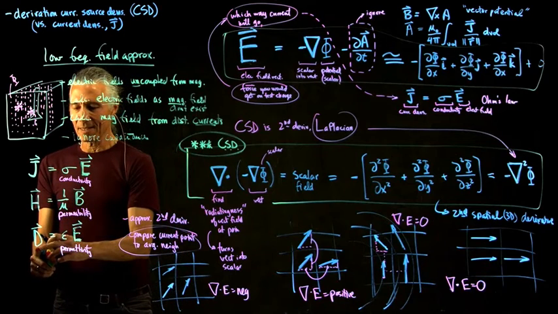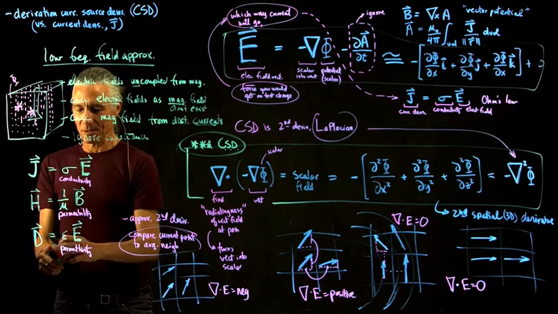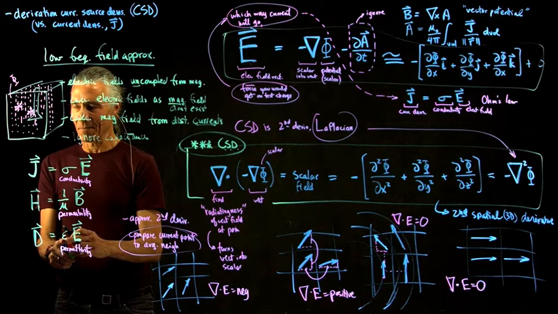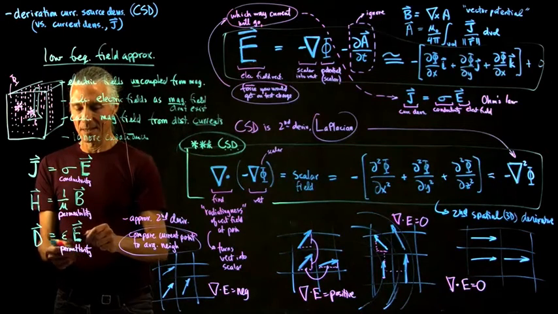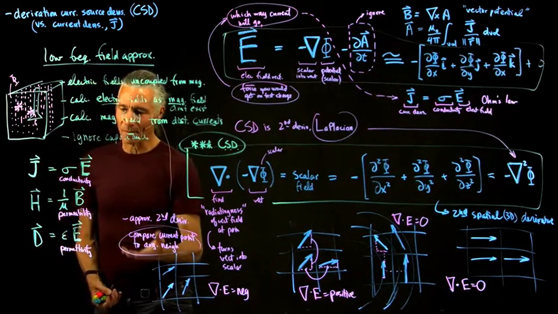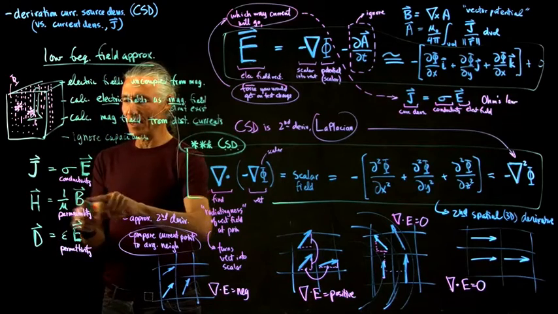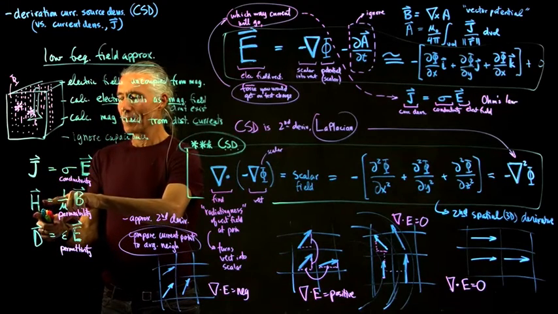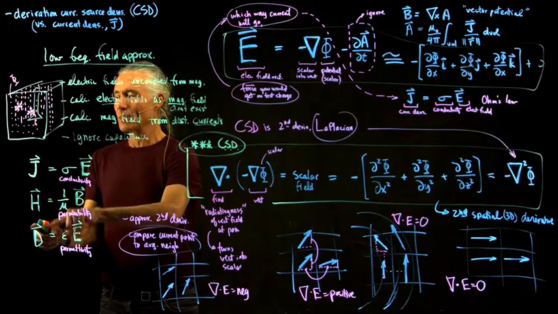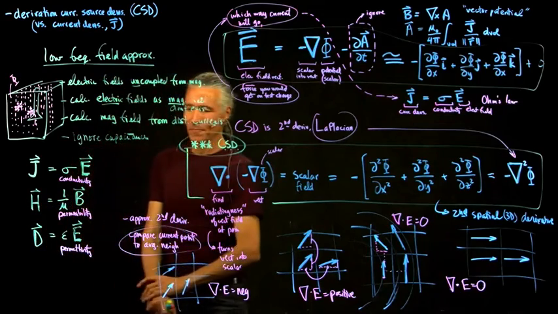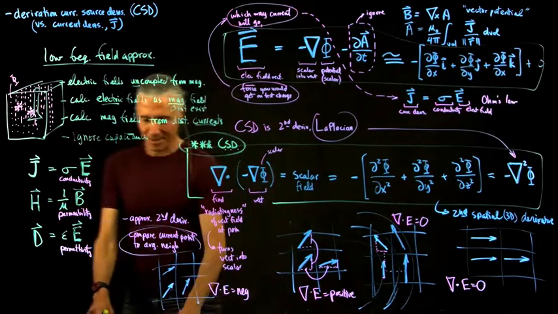And then you have this D field, which is also just a constant times the electric field. So sometimes the Maxwell equations are written with E and B. Other times they're written with H and D. But those are somewhat similar.